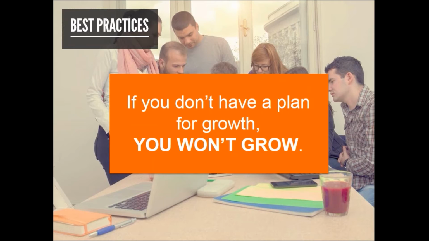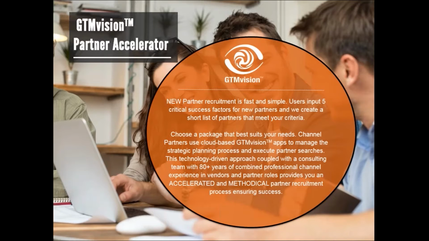You can take existing partners and make them bigger, or secondly, you can recruit new partners, as we've just shown you, by putting 5 simple inputs into GTM Vision to create that short list of partners that meet your needs. And then finally, you have to have a plan. New partners won't achieve revenue on their own. They're going to need a very prescriptive and simple plan to get them to revenue.